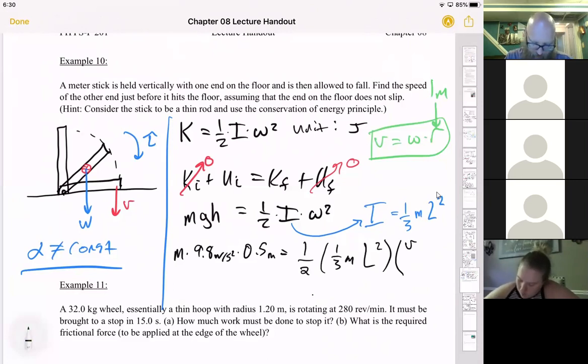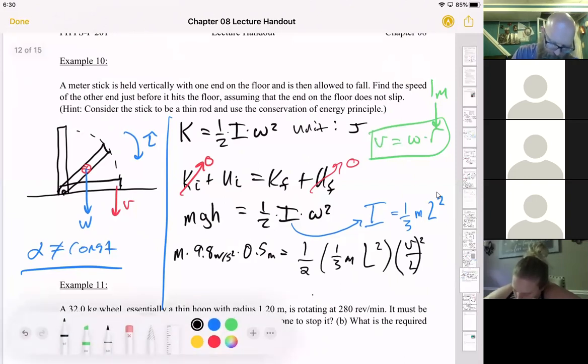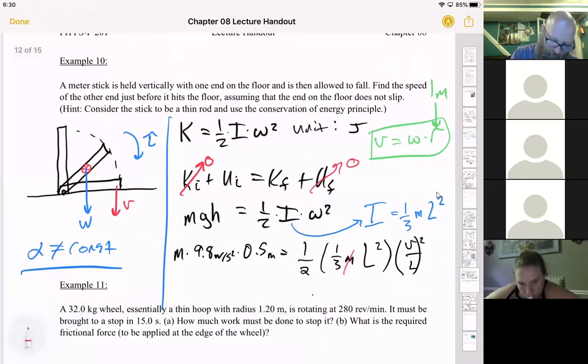Is that what I want to do here? 1/3 ml squared equals omega squared. Yeah, V squared over L. This is V over L squared. So it looks like the L's go away, which is interesting. So I can cancel out the masses. That's good because I didn't know the mass of this meter stick. The L's go away too. Again, kind of interesting.